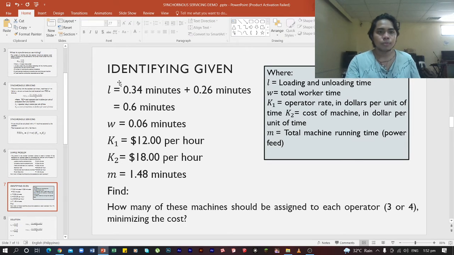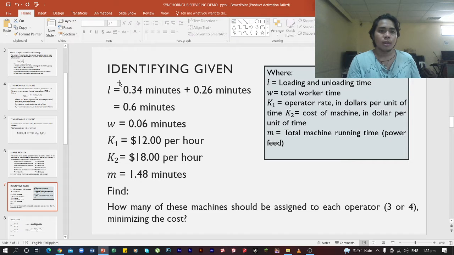So, let's solve. Identifying the given, where L is the loading and unloading time, W is the total working time, K sub 1 is the operator rate in dollars per unit of time, K sub 2 is the cost of machine in dollars per unit of time, and M is the total machine running time or power feed.